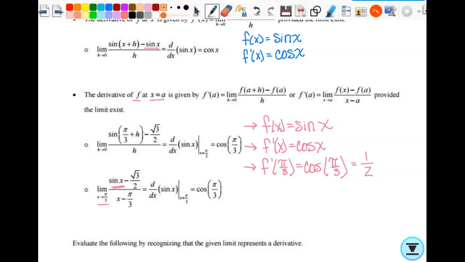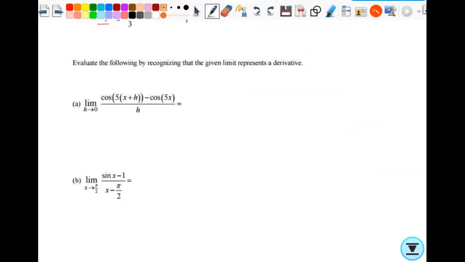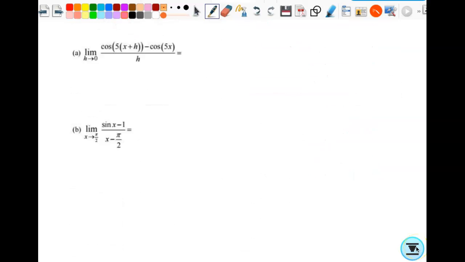So let's look at an example here. We have to recognize that they all kind of look like they're set up the same way. You got a fraction. You should be able to hopefully recognize that. So the limit as h approaches 0 of all of this right here. What would f of x be here? Cosine of 5x, right? Because this is your cosine of x, this is your cosine of x plus h.